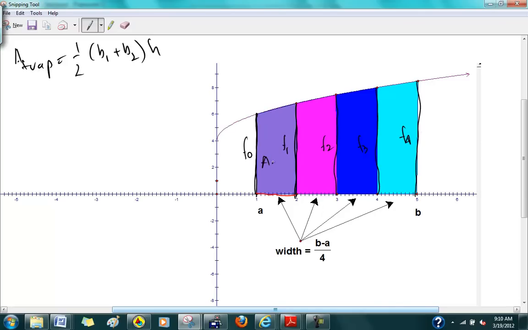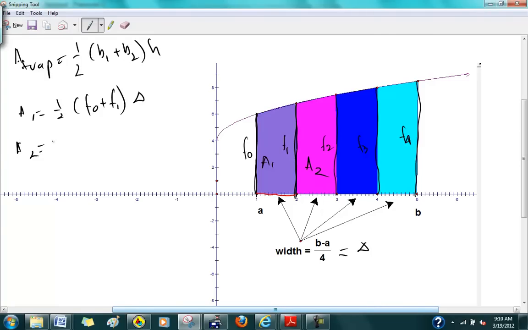So the area of the first trapezoid, A1, is 1/2 (F0 plus F1) times delta. I'll call the width delta. Width or height, same thing. That's the area of the first trapezoid. So take A2.